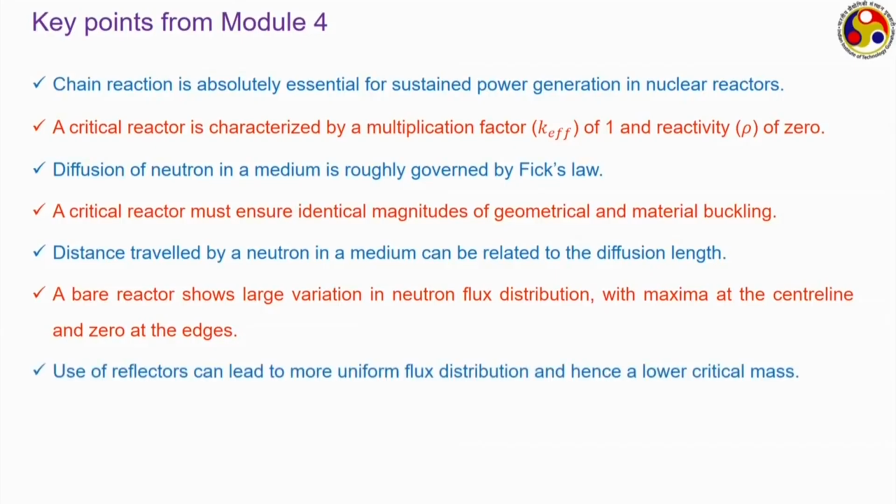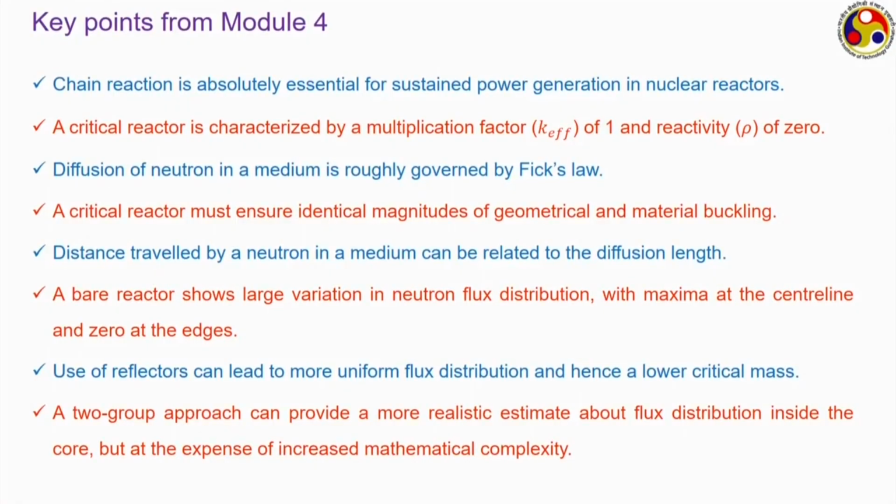And then we have analyzed with the reflectors, and it was found that use of reflectors can lead to a more uniform flux distribution and hence offers a lower critical mass. So, this is the fourth module where we have discussed the chain reaction, and now you have a much clearer idea about the possible neutron flux distribution that we may encounter in a particular reactor.